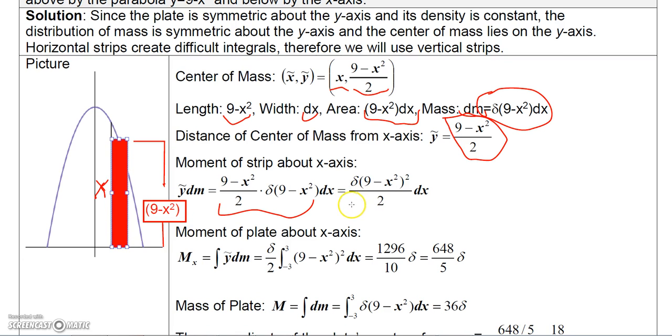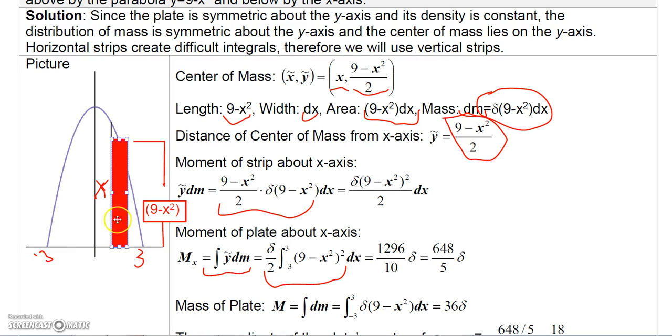And then what we can do next is integrate this value to get the moment of the plate about the x-axis. We're going to integrate it from minus 3 to 3 because it intersects the x-axis at minus 3 and then here at 3.